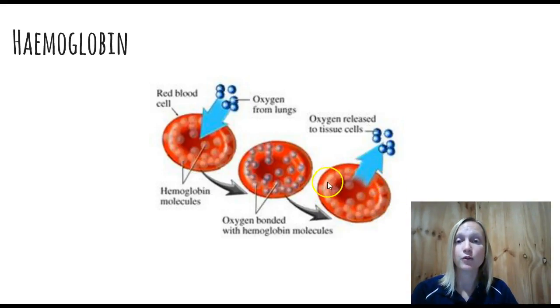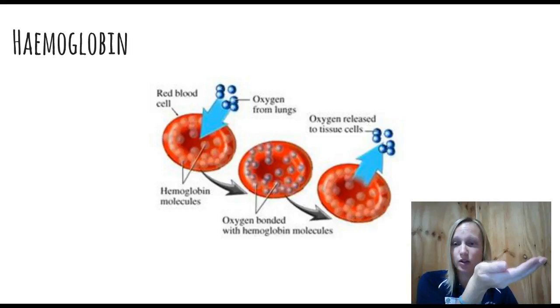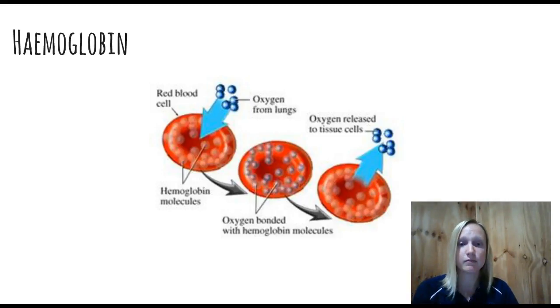So if you were in the Google Goggles class, you'll know that we've got this disc here, and it's a bit cup shaped on the top or the bottom, depending on which way you look at it. And these little things here are oxygen molecules that have bonded with hemoglobin molecules.